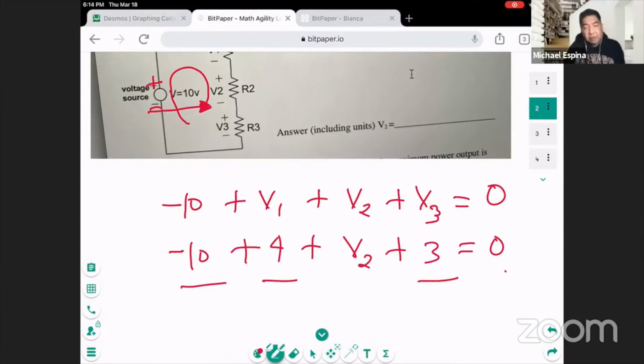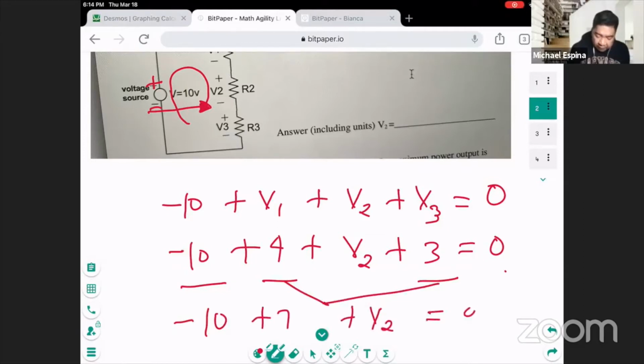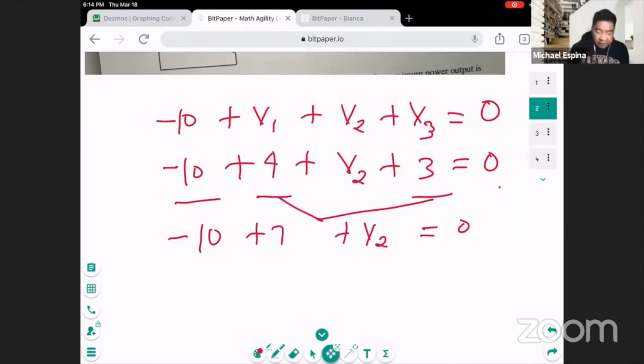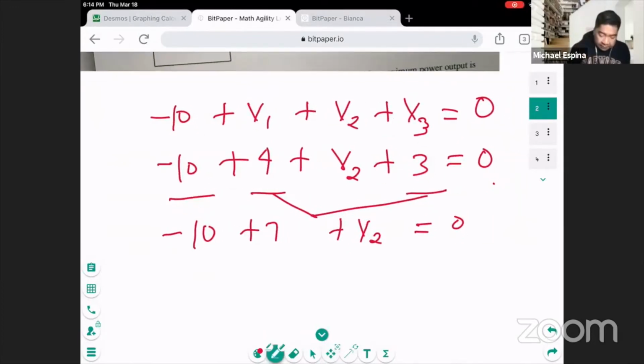It's equivalent to negative 10 plus 7, right? Combining these two gives plus 7, and then plus V2 equals 0. So negative 10 plus 7 is negative 3, and then plus V2 equals 0.